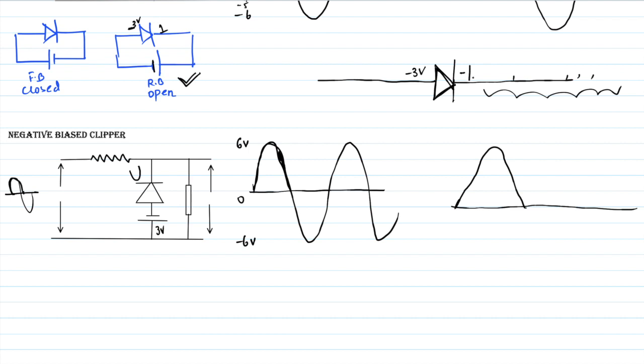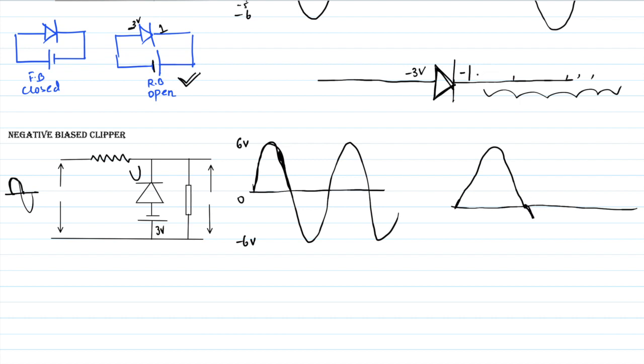First, let's consider minus 1. Minus 1 compared to minus 3, minus 1 is greater. So the cathode is greater, and in this condition the diode will still remain open. No current will flow across the diode, and the entire current will flow across the resistor. So you will get an output, from 0 to 1.